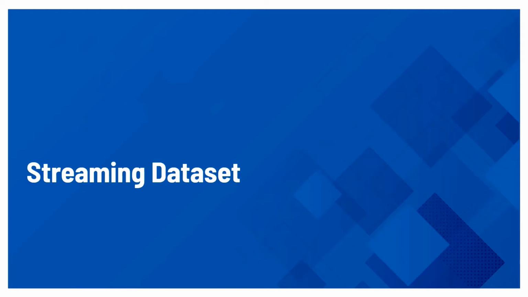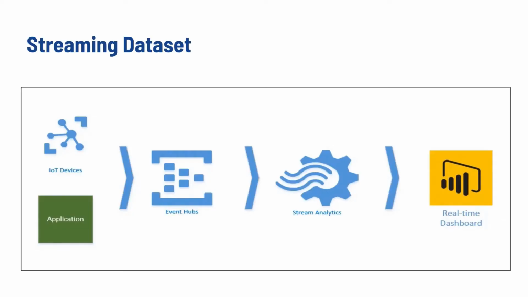Streaming dataset data is also pushed into Power BI service with an important difference. Power BI only stores the data in a temporary cache which quickly expires. As the name implies, streaming datasets have limited or no history and just look at the most current values for each field.